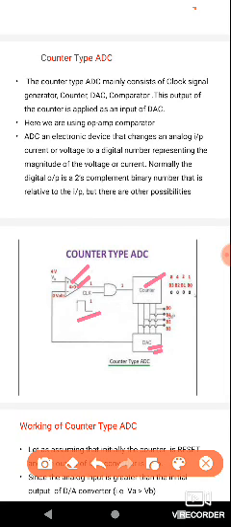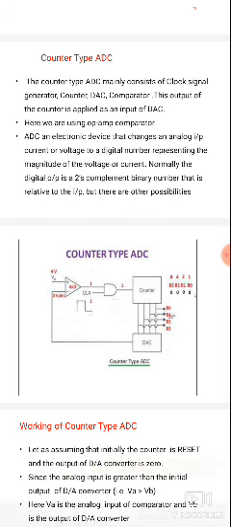So it mainly consists of the clock signal generator, then the counter, next the DAC, digital to analog converter, and this is the comparator. The output of the counter is applied to the input of the DAC.